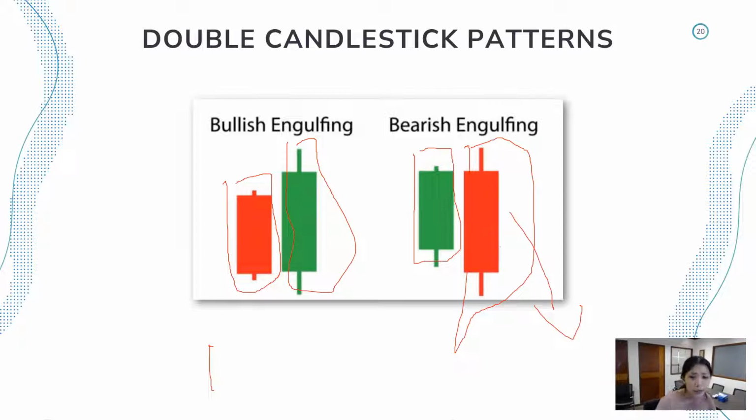However, one super important point to take note of is the size of candle 1 and the size of candle 2. Candle 1 cannot be too tiny or too small. You need it to be significantly big. If this one is considered small, but this is considered big, it's more significant.